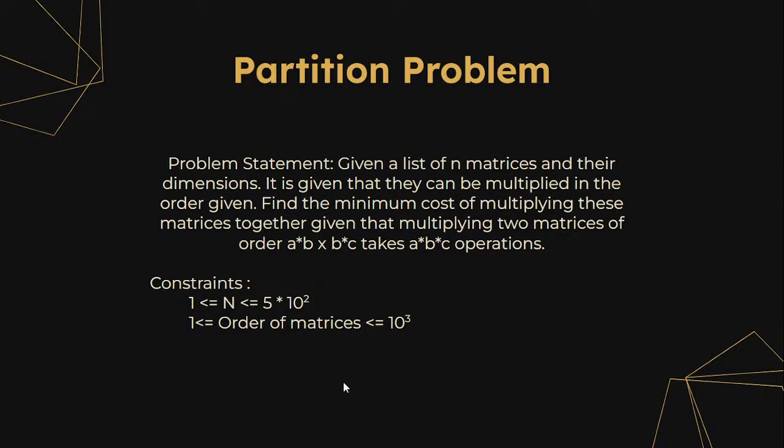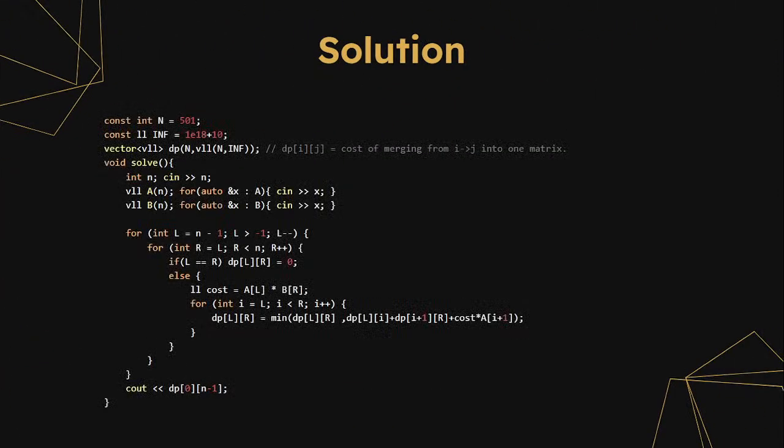Okay, so let's look at the solution. We will first take input for all the values of orders, and then we will iterate. We first iterate the left end from the right end, because we are writing iterative DP and we don't want to encounter a situation where the states we require are not already solved.